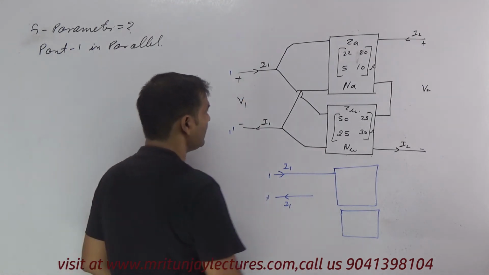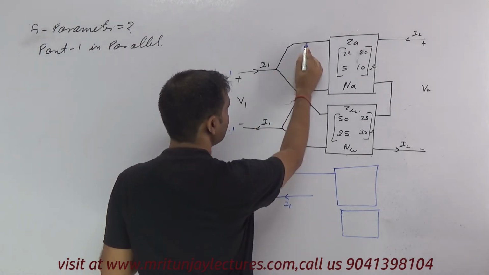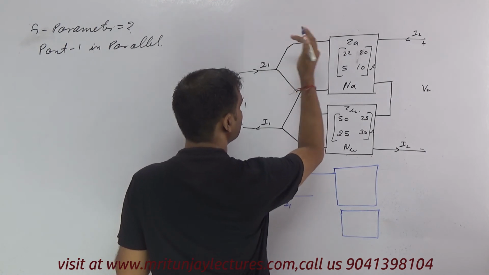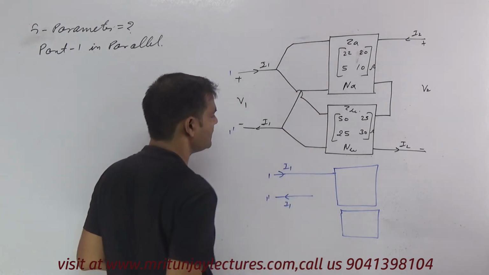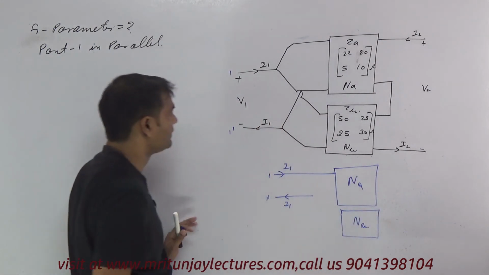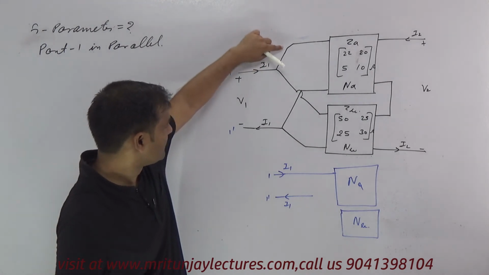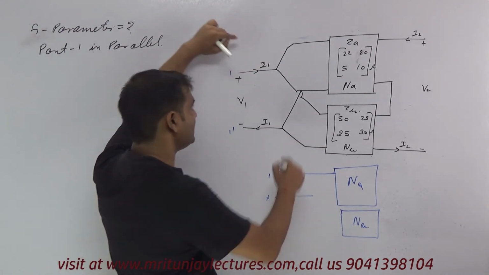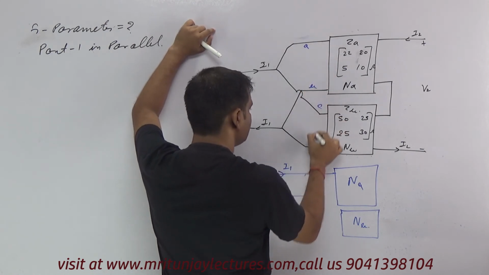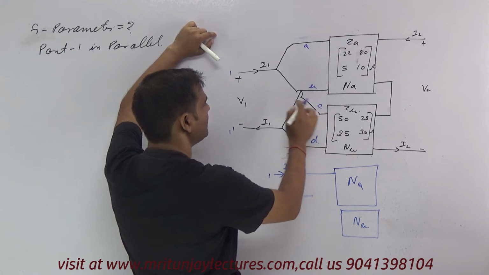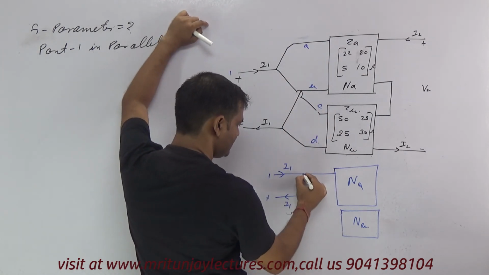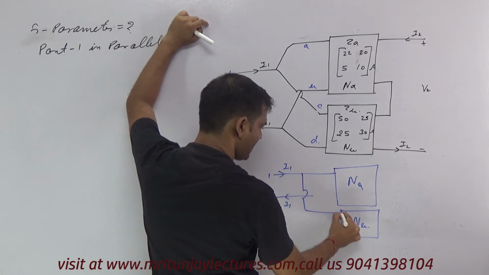Now suppose the terminals are A, B, C, D. A and C are the same thing, so make it like this.